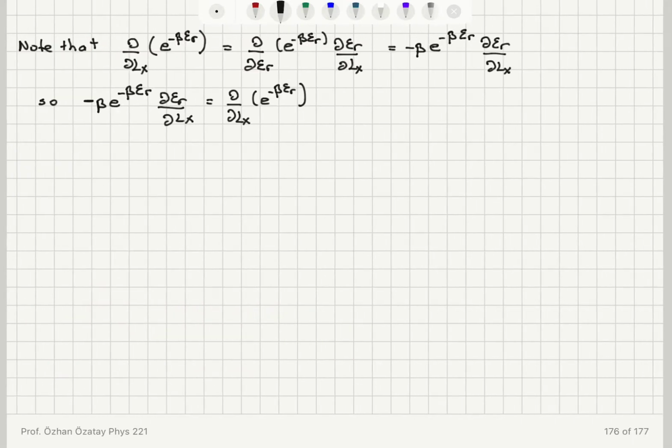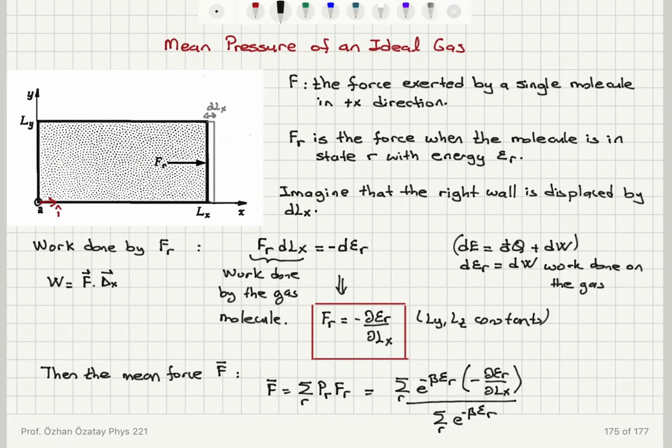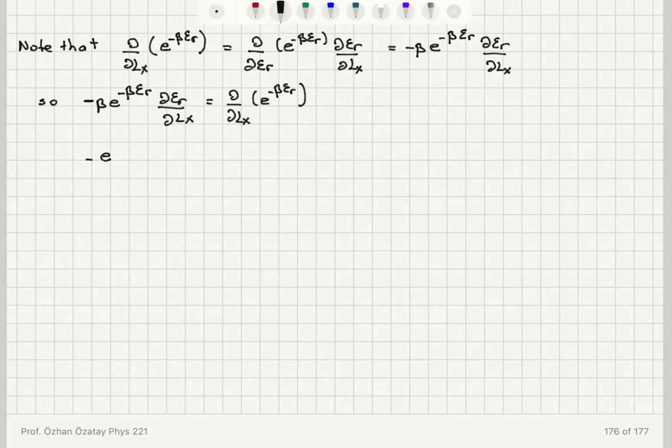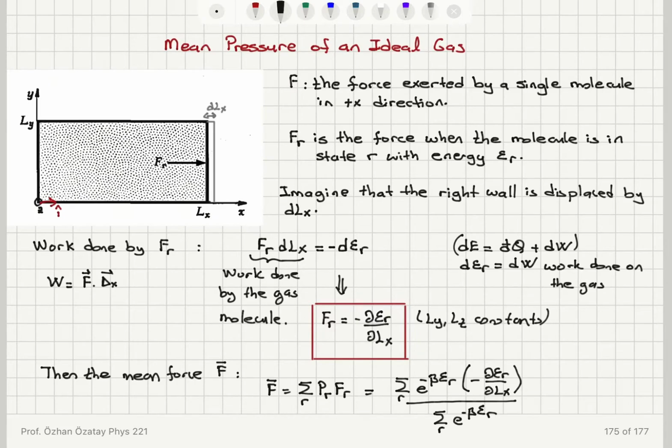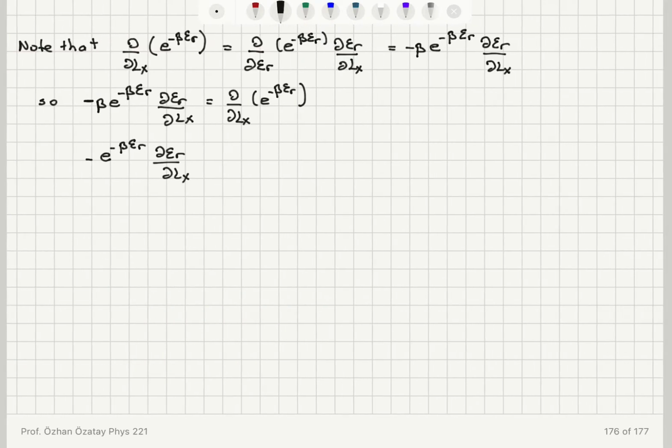So I'm going to get minus the Boltzmann factor e to the minus beta epsilon R del ER del Lx, which is what I see in the numerator here, sum over R, this factor.